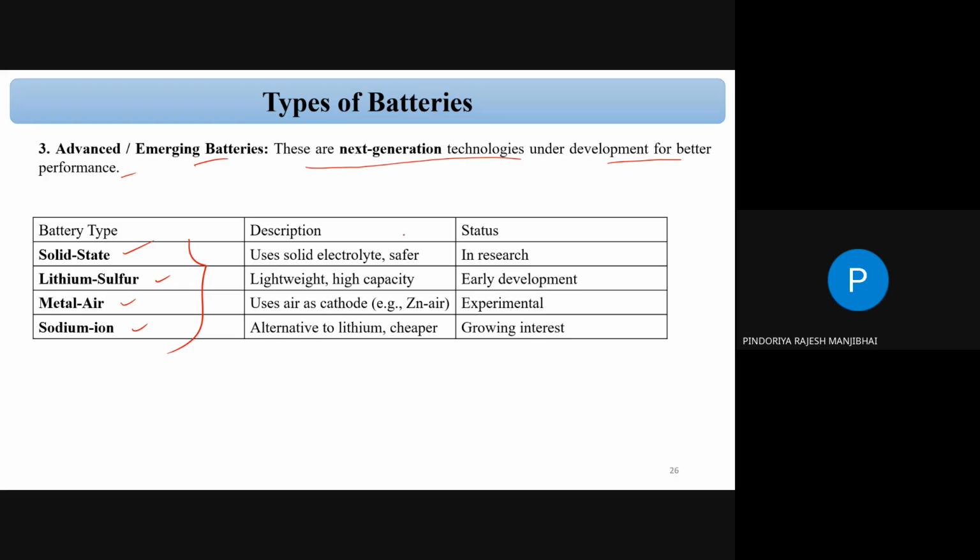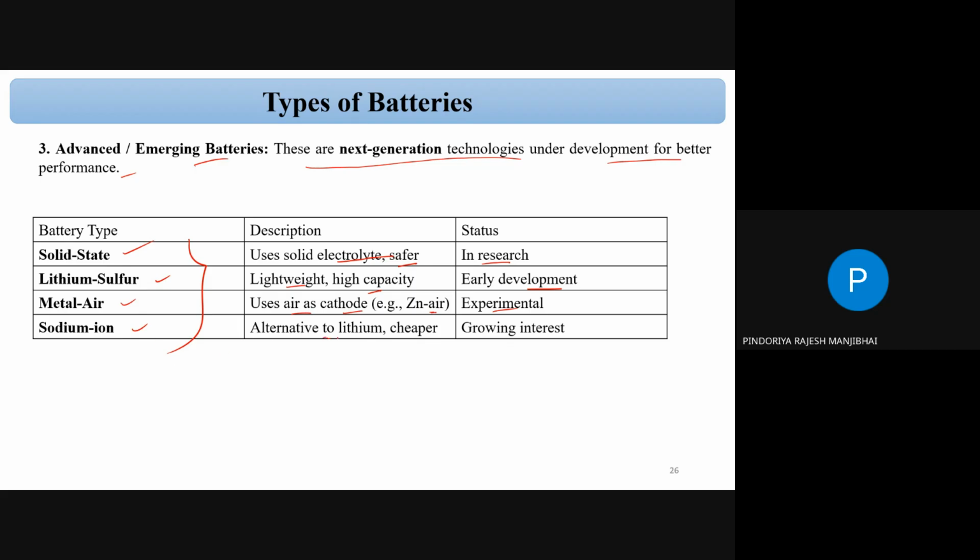Solid state battery uses a solid electrolyte and is safer, status in research. Lithium sulfur: lightweight, high capacity, early development. So still it is research work. Metal air uses air as a cathode. Example, Zn air, that is experimental. So again, there is research work.